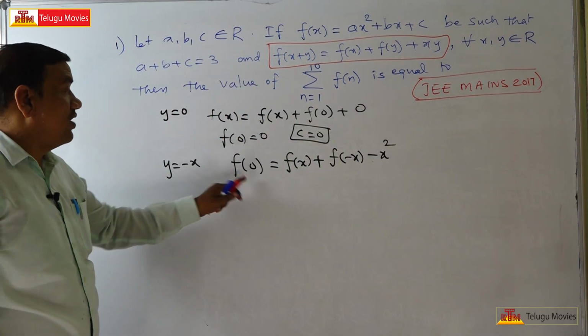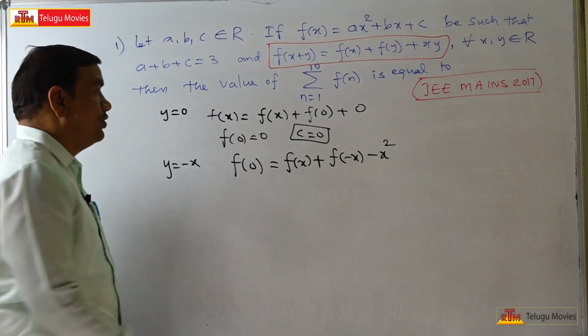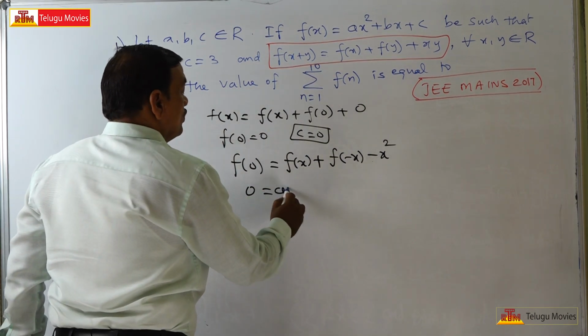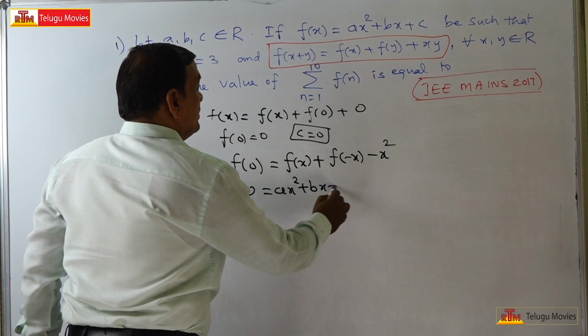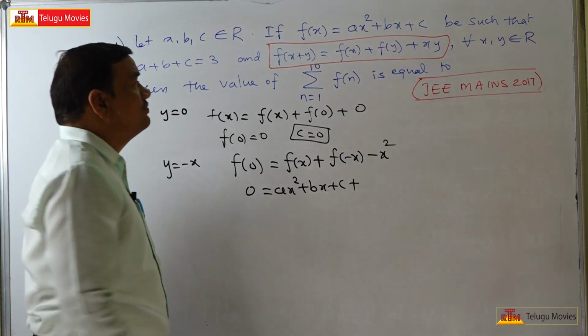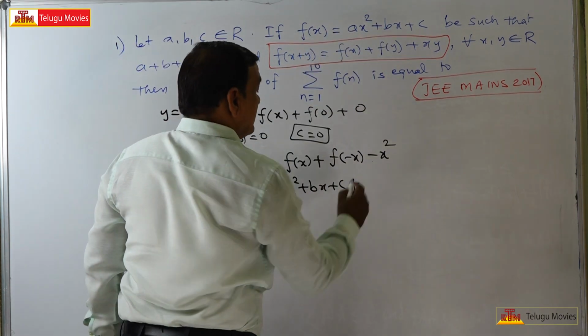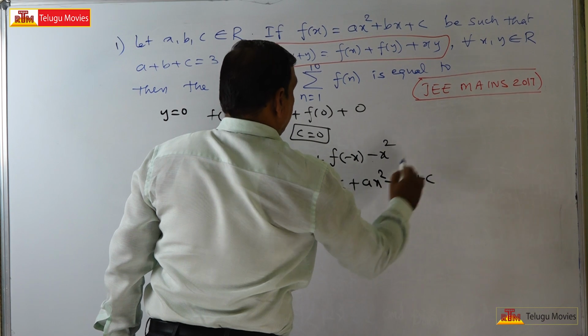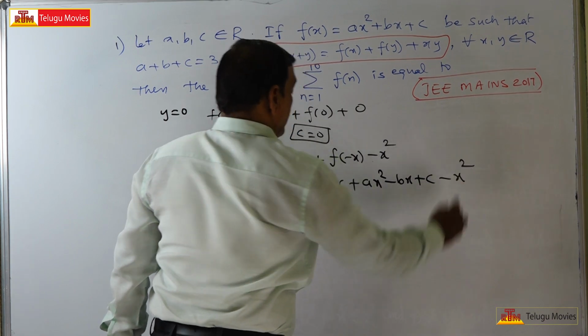Now f of 0 value is how much? 0 is equal to f of x, which is ax square plus bx plus c, plus f of minus x. Wherever x is there, substitute minus x, that is ax square minus bx plus c, minus x square.